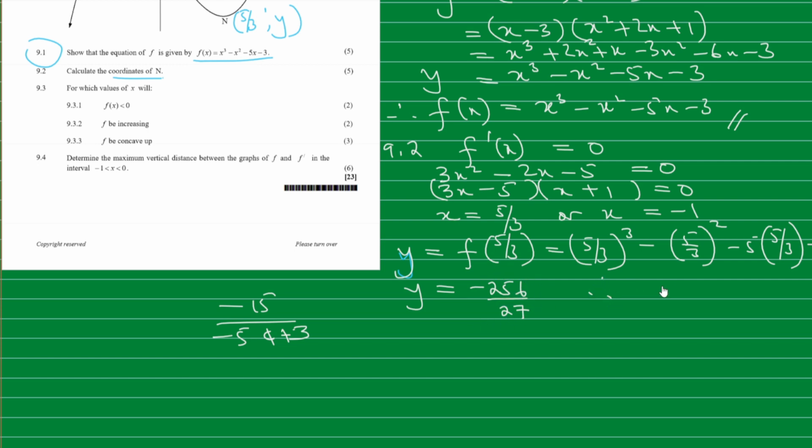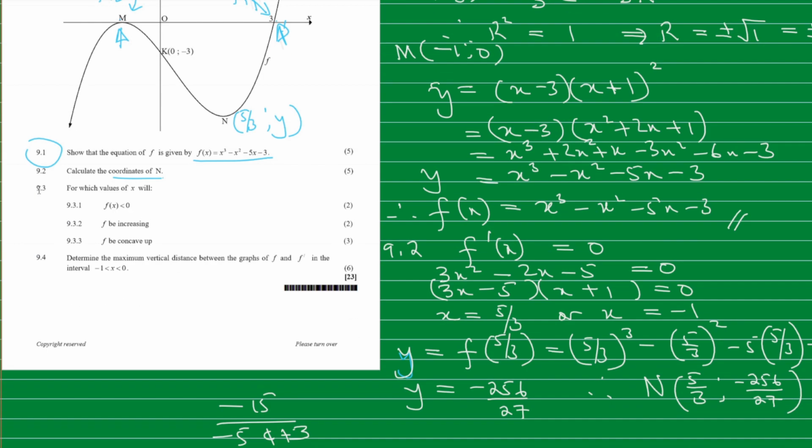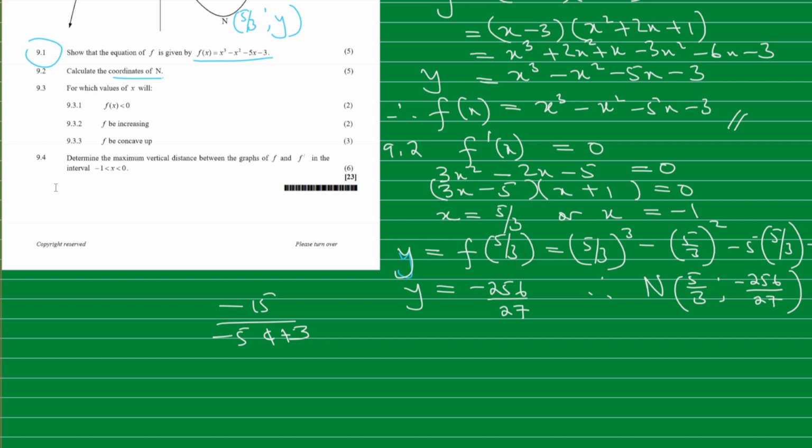Therefore the coordinates of n will be 5 over 3 and negative 256 over 27, which is quite reasonable. As you can see, our n is on the negative end of the y-axis, so the negative value is reasonable.